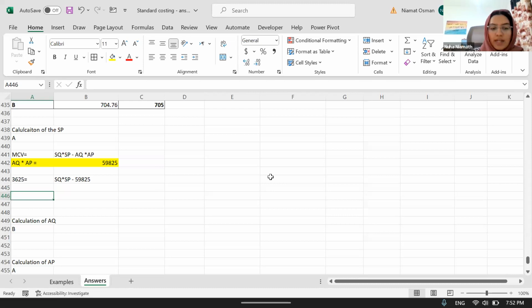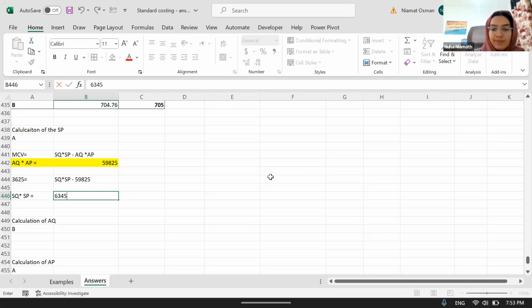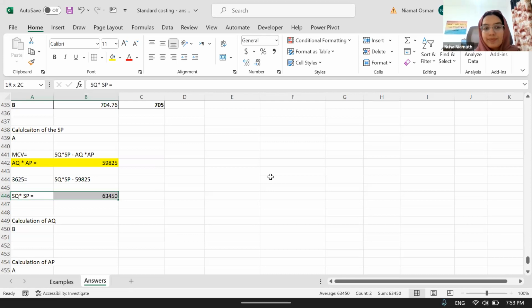So that way we'll get SQ into SP is equal to, how much, guys? Let's do it the other way. 59,825 is negative, so we take it there. Let's add it to 3625. So that will come to 63,450. Correct?